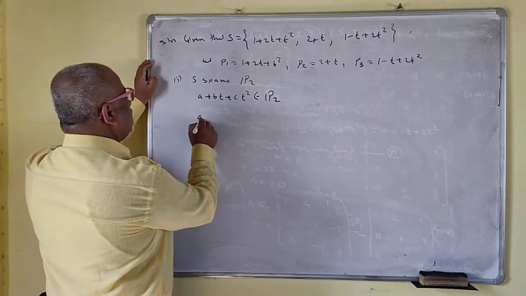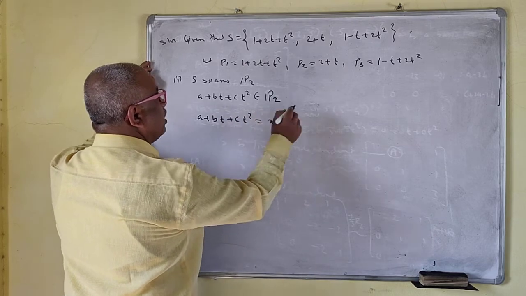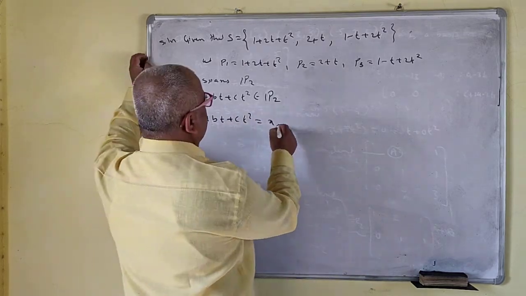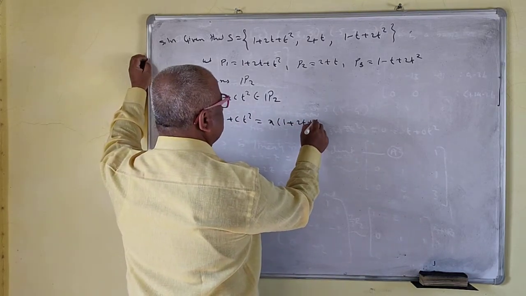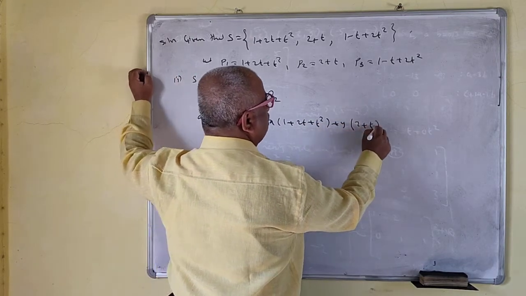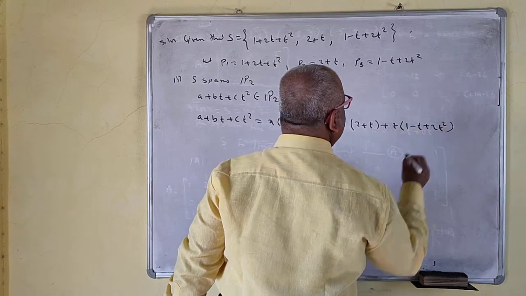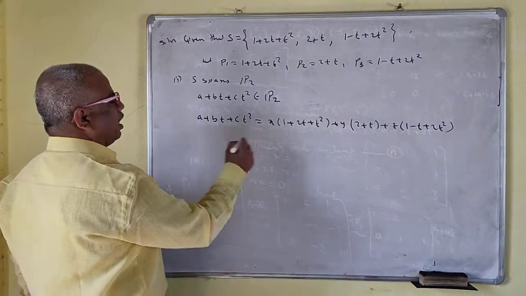So we'll take a linear combination of vectors in S: a plus bt plus ct square is equal to, I can use x, y, z, x into 1 plus 2t plus t square plus y into 2 plus t plus z into 1 minus t plus 2t square. Now we'll write the equation.